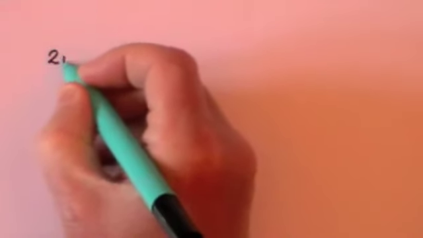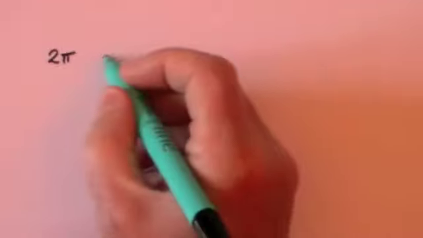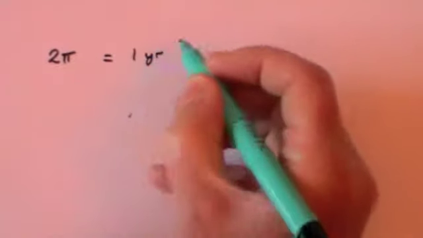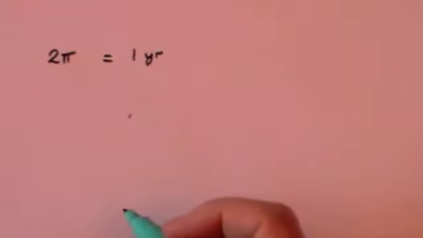We know that it does 1 complete revolution in a year, and 1 complete revolution is 2 pi radians, so the Earth must do 2 pi radians in 1 year. That is, in a sense, its angular velocity, 2 pi radians per year.